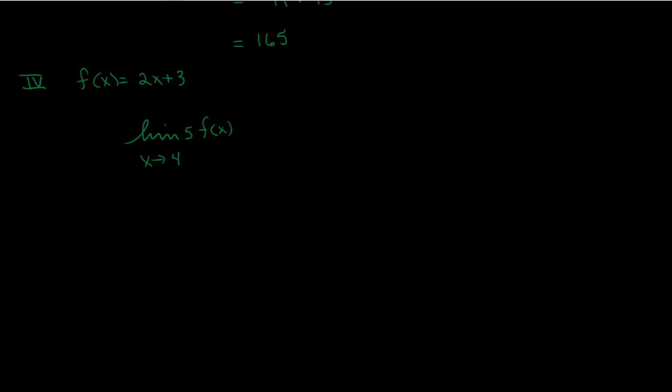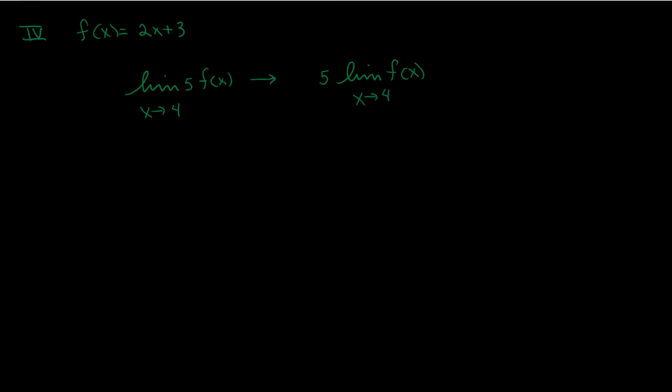This can be evaluated as 5 times the limit of f of x as x approaches 4. The reason you can bring the 5 out in front of the limit is because the 5 is a constant. It is not dependent on the value of x, so it's going to have the same effect regardless what x value we're working with.